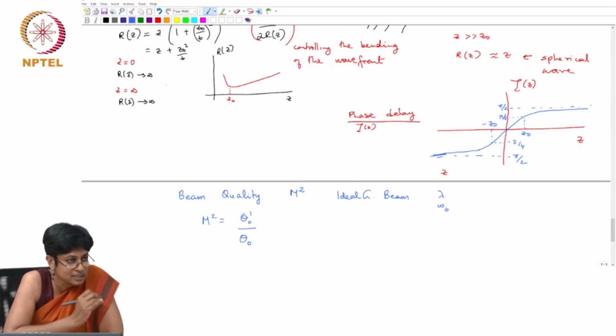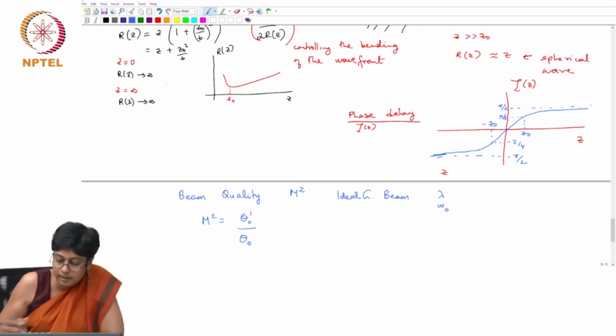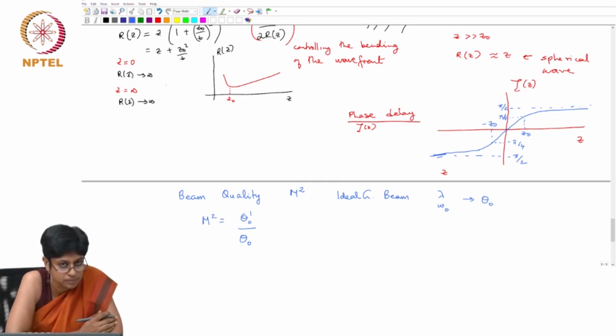Inherent to it then is the theta naught or the z naught, right? And so I can say this beam has a divergence theta naught. Now, if I take another beam with, say, of the same wavelength, and it emerges with the same omega naught, ideally, if it is a Gaussian beam, it should have the same theta naught.